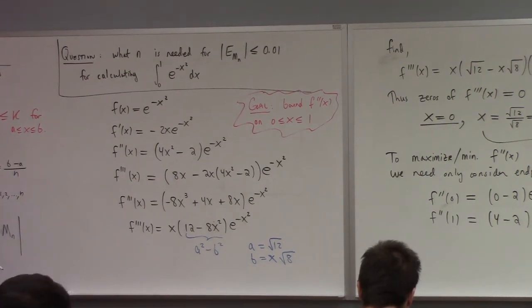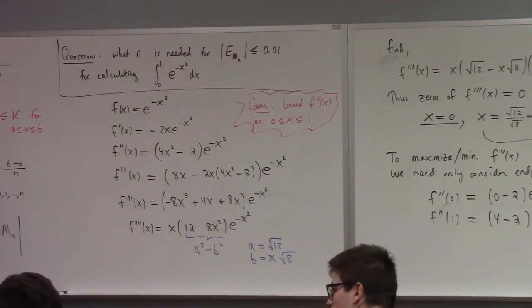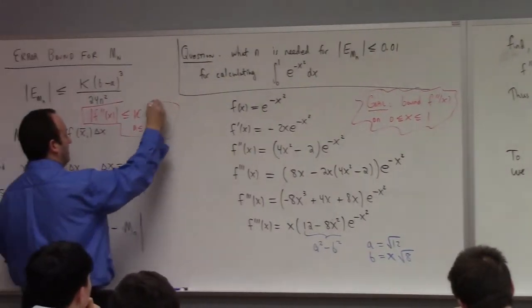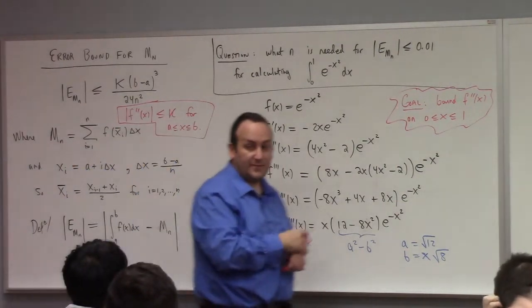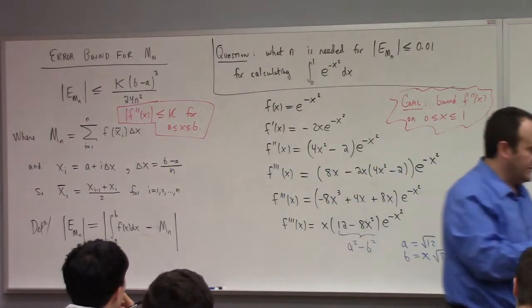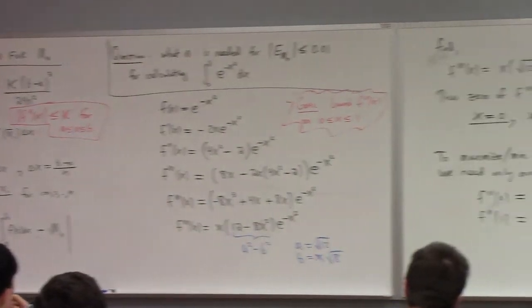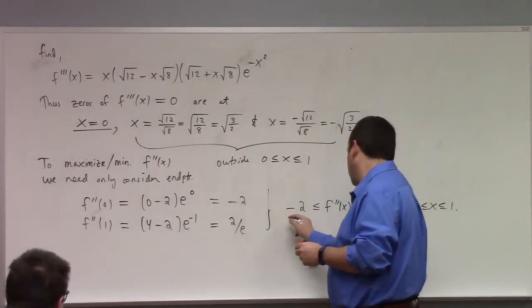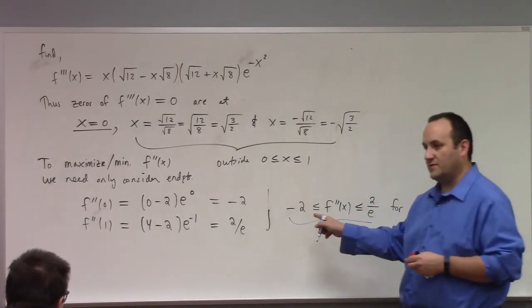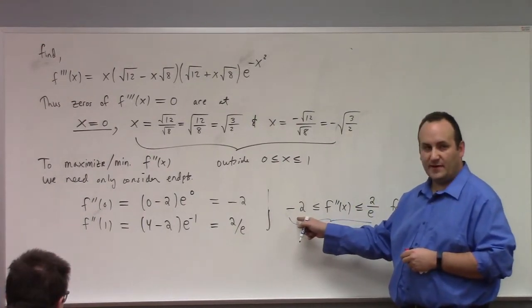Yeah. What do you mean bounding it? That means this. We're trying to find a number which is larger than the absolute value of the second derivative between 0 and 1. So, look at this here, right? This says that the second derivative is as the smallest possible is minus 2.